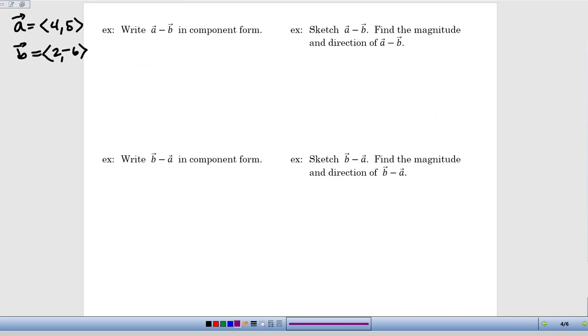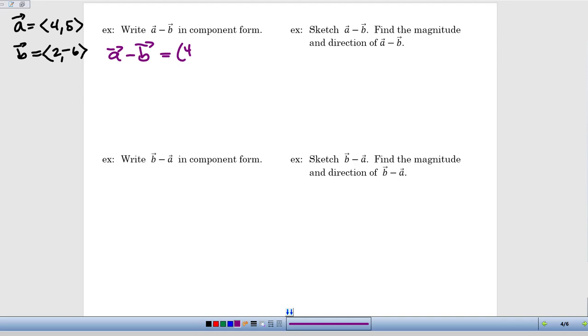If we want to find a minus b in component form, then I'm going to subtract the respective components. So I've got a and b written off to the side here just so that we can see them on the screen. So if I want a minus b, I'm going to subtract the horizontal components, the i components.